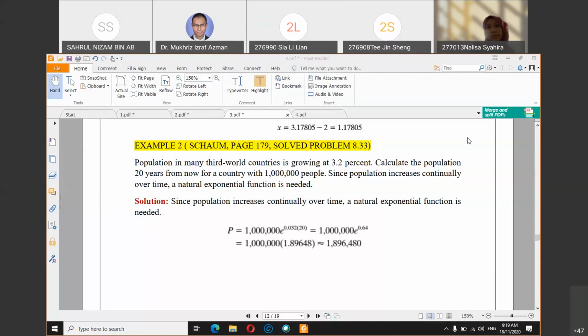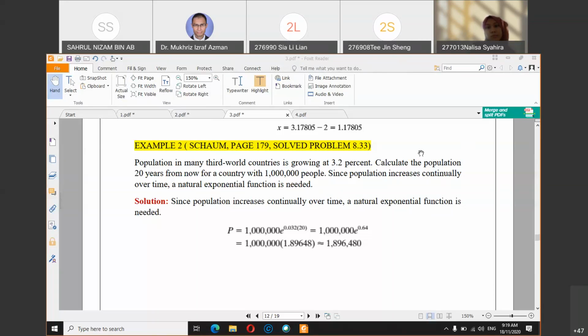When we calculate that, we can get 1 million times exponential 0.664. So this is true.